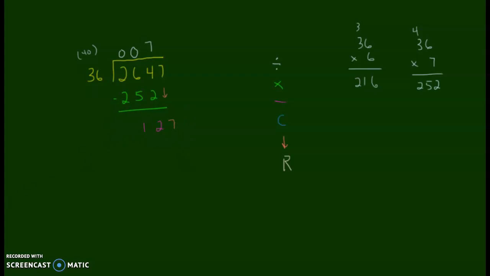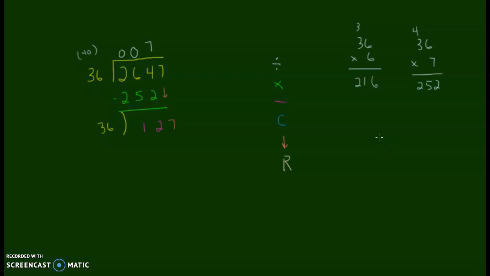And now I'm going to think about 127 divided by 36. And none of my previous ones work. So I'm going to think about this 4 again, and how many groups of 4 can I get from 12? So that's 3.